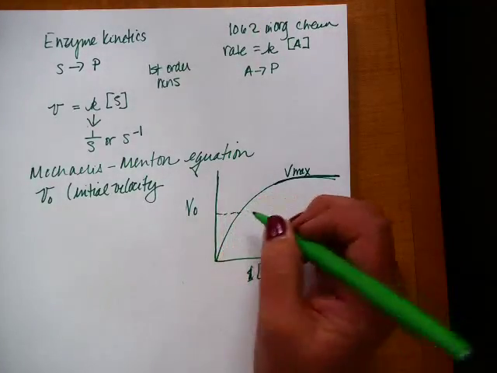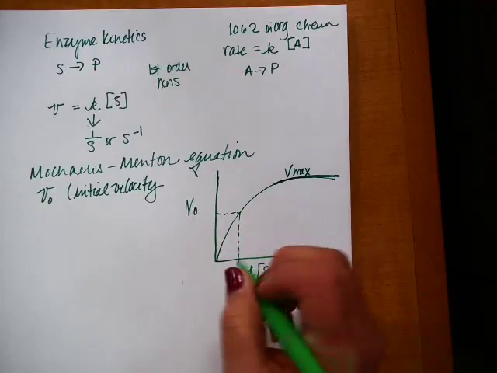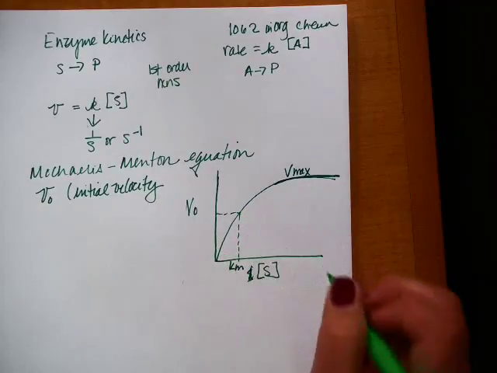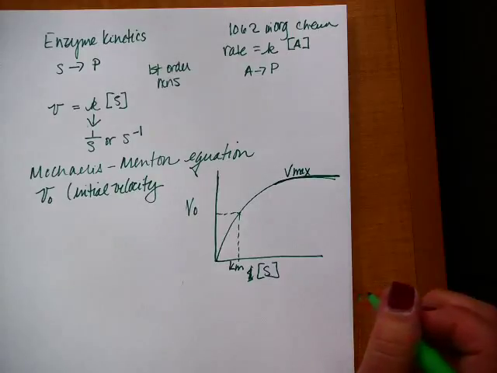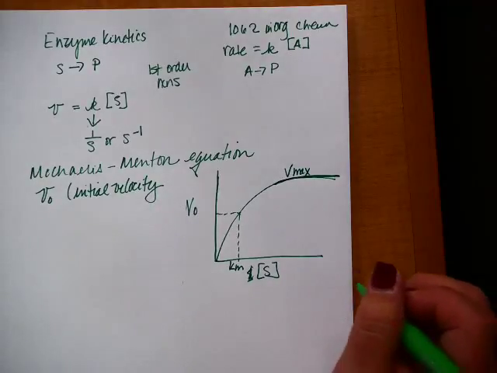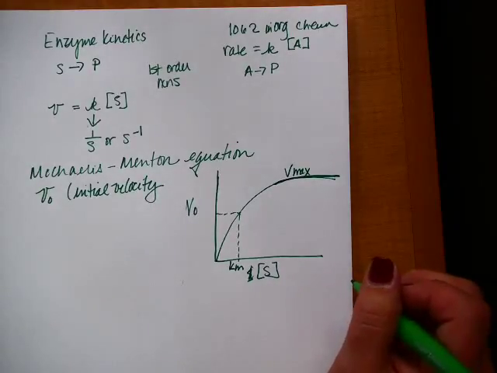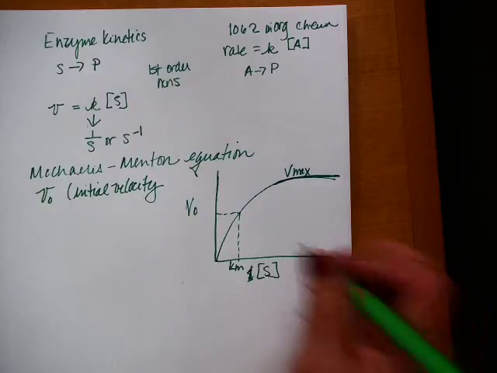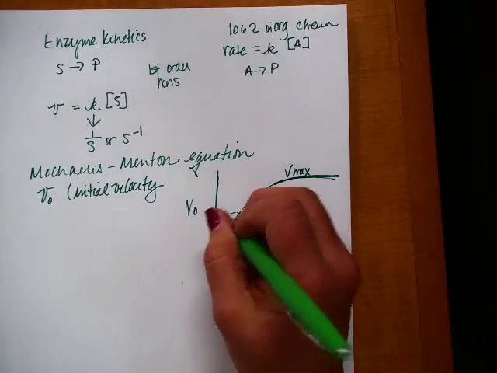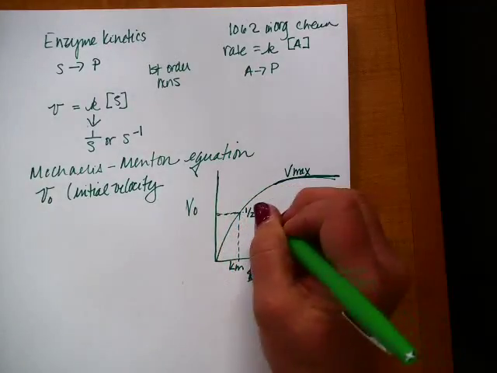Other points on this: something known as the Km, the Michaelis constant, is found at 1/2 Vmax.